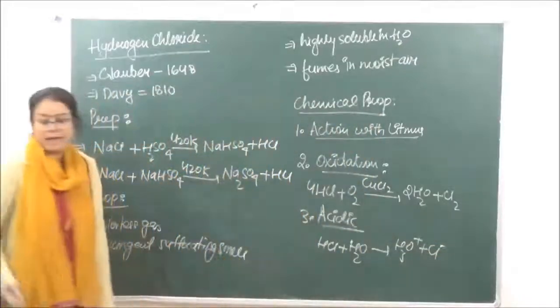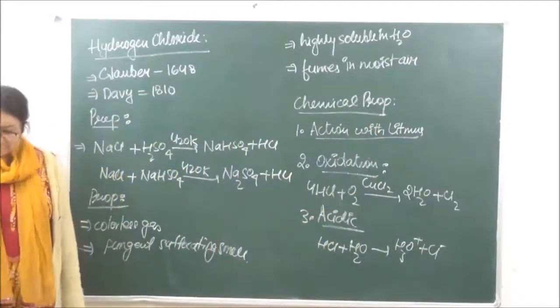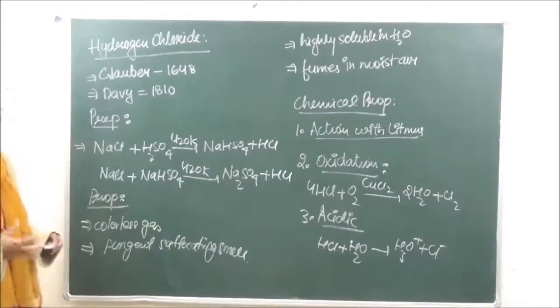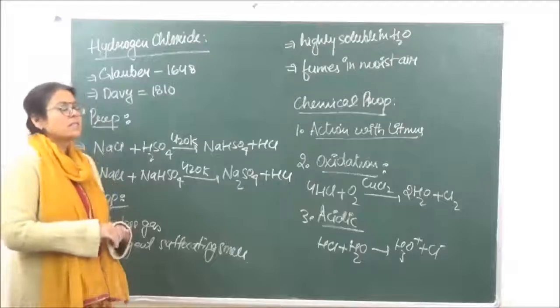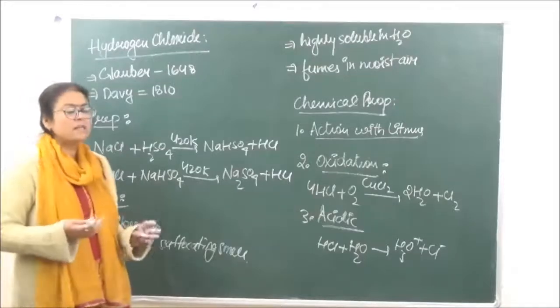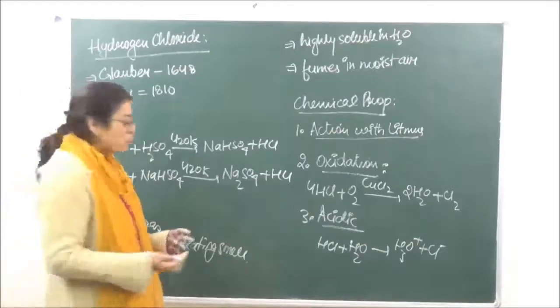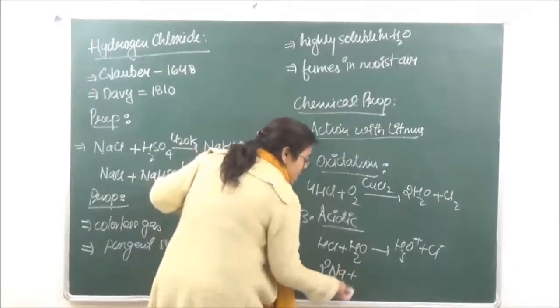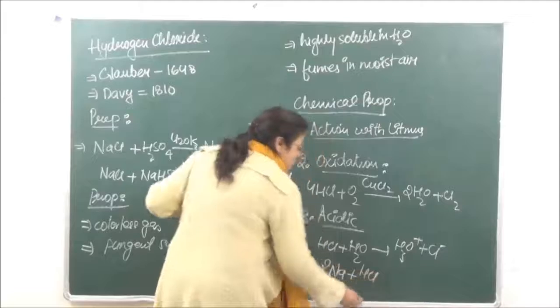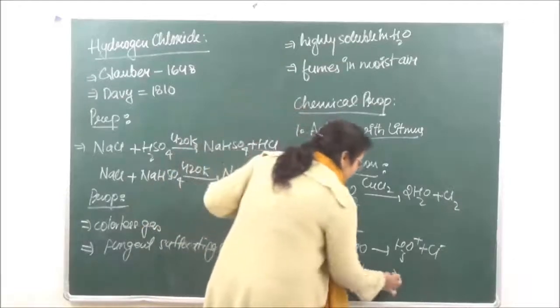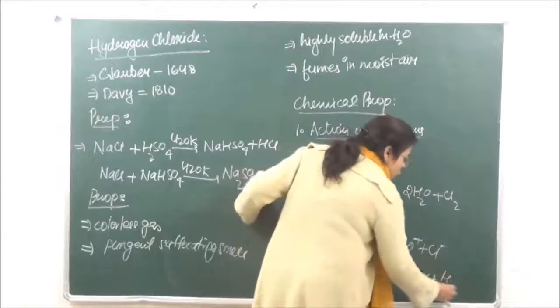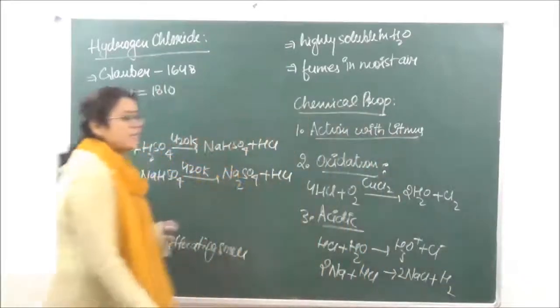That is the reason why it is going to behave as acidic. ठीक है, और इसकी acidic nature can be explained by many reactions. जैसे for example, if we are reacting metals with acids, it is going to liberate hydrogen. जैसे हमने 2Na लिया plus हमने HCl लिया, so this is going to give us 2NaCl plus H2. So this gives the acidic nature.